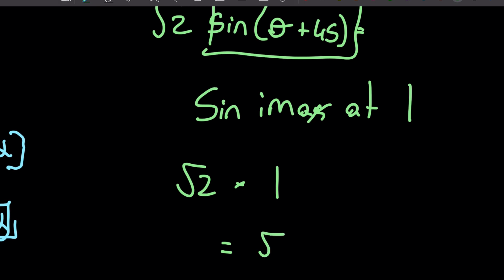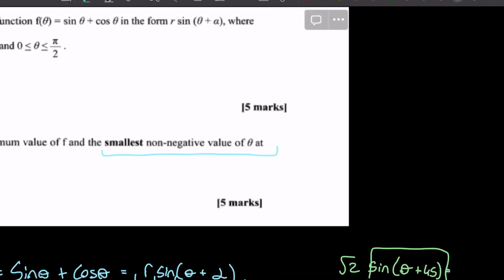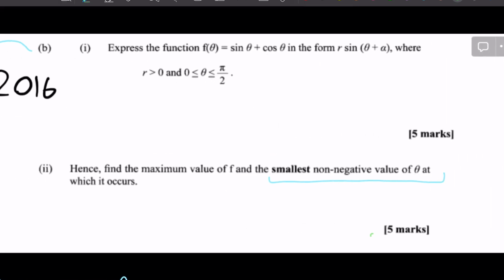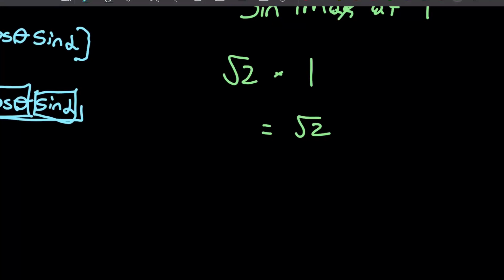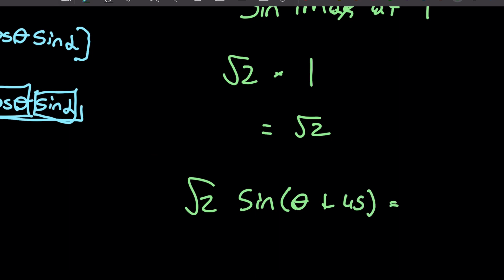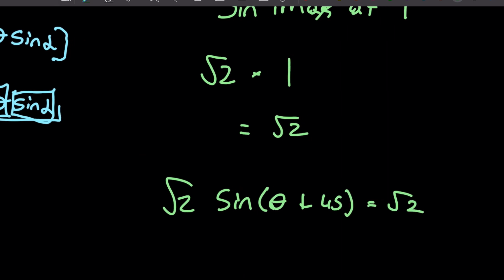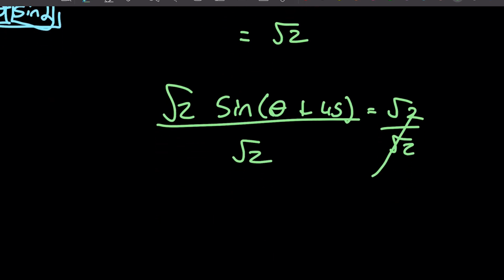But they didn't just ask us for the maximum value, it's 5 marks, right? They asked us for the maximum value of f and the smallest non-negative value of theta at which it occurs. So let's work that out. We know the maximum value is root 2. So we can say root 2 sine of theta plus 45 is equal to the maximum value, which is root 2. If we divide both sides by root 2, we get sine of theta plus 45 is equal to 1.